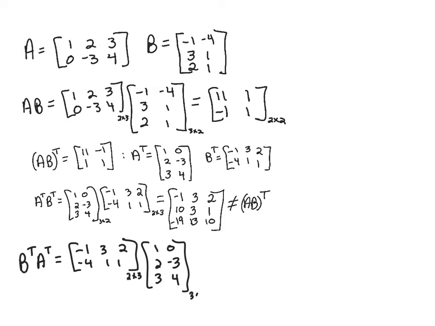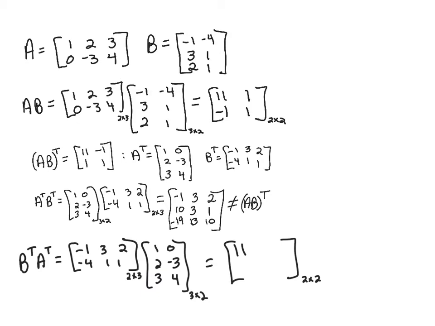This is 3 rows, 2 columns. My answer will be a 2 by 2, which is what I'm looking for, right? Where I found AB transpose, excuse me. All right, taking my row times my column, I'm going to get -1 plus 6 is 5 plus 6 is 11. So far, so good.